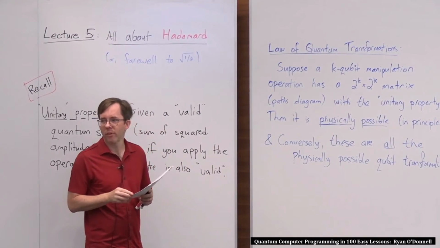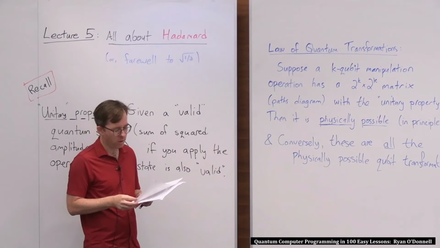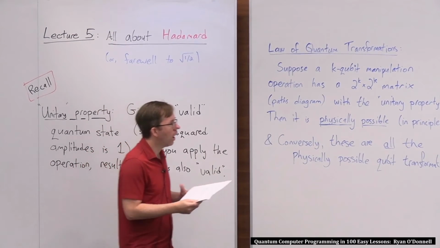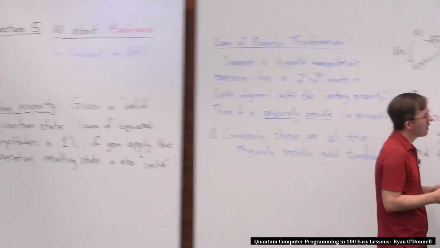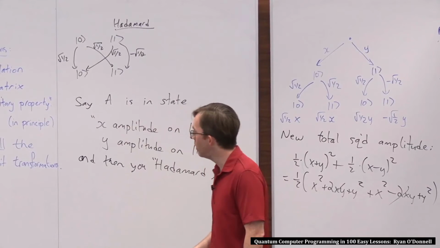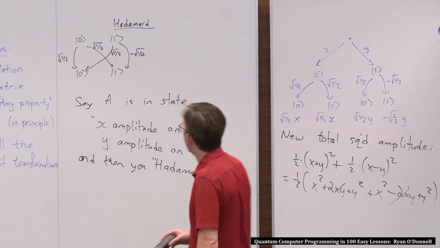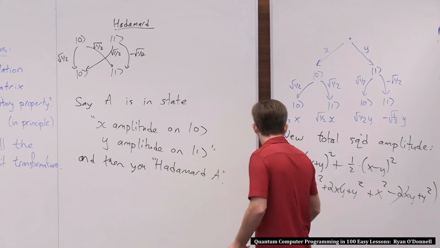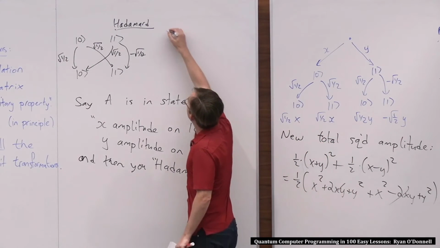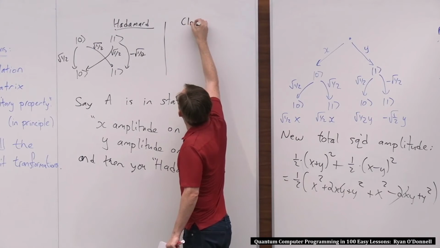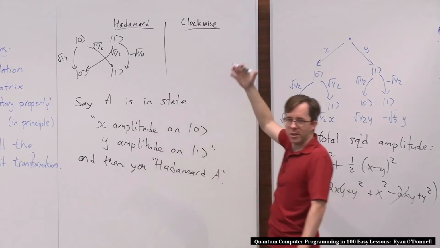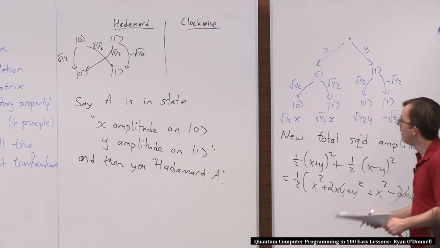Any question about this? So let me just say as an exercise for you, you can remember this funny instruction that we mentioned earlier called clockwise. We literally only cooked it up to have another 1-qubit operation to talk about besides just Hadamard.